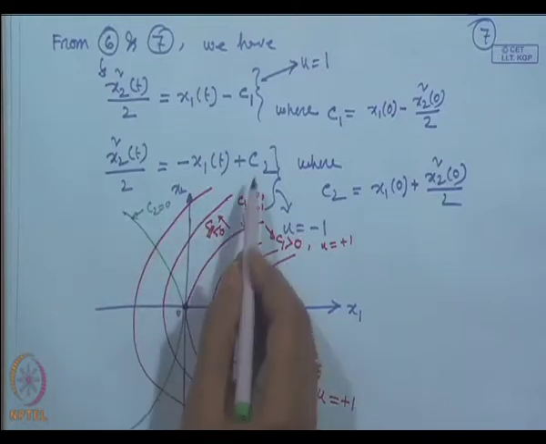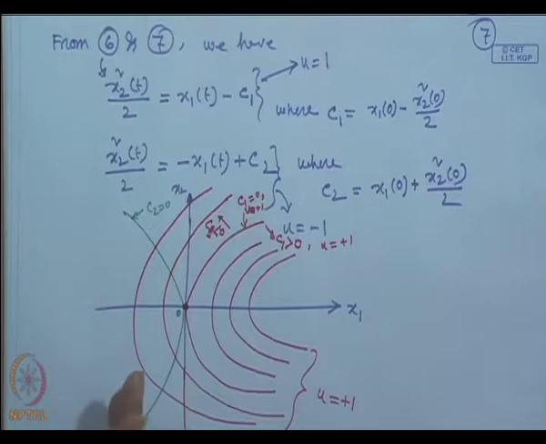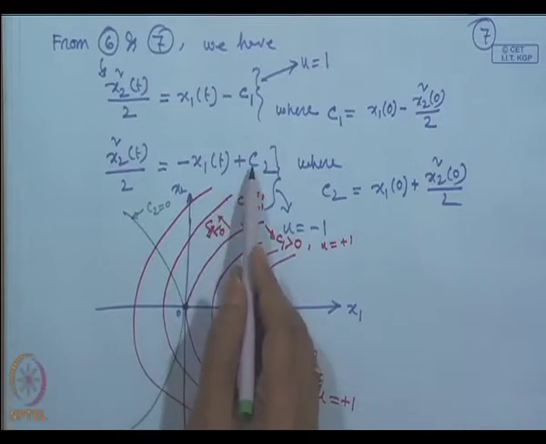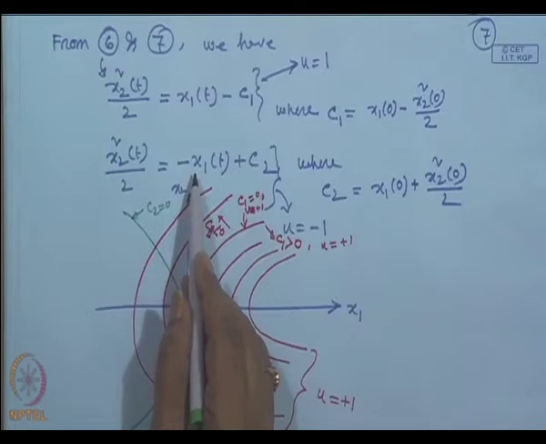Agree? When C2 is positive, tell me which side I have to draw it. C2 is positive, but x1 is negative.